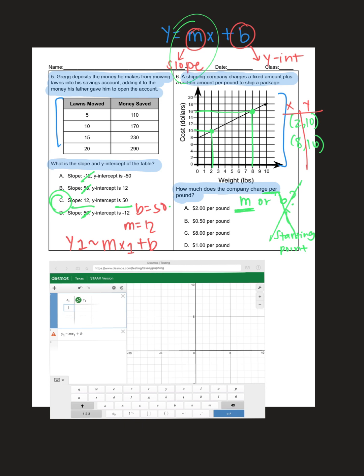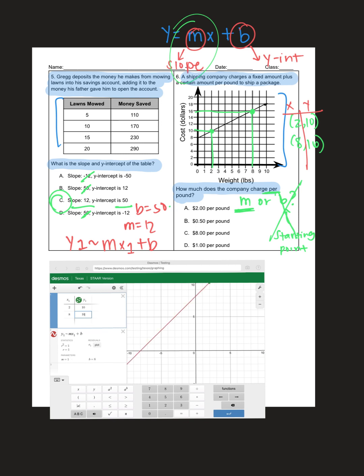But I like to just leave it like that, so I don't really have to retype the equation on the bottom. So I have 2, and the other coordinate I have is 10. That's this one right here. And then I have 8 and 16.